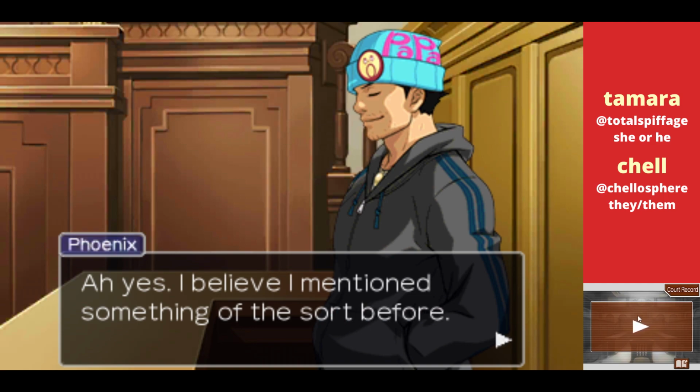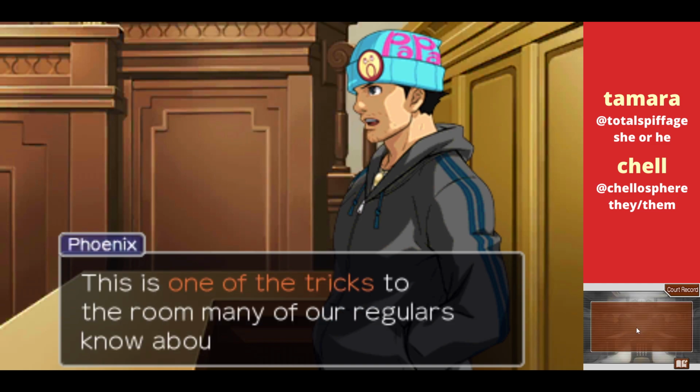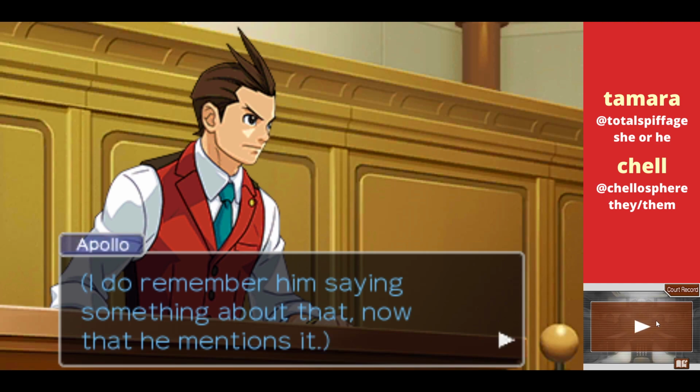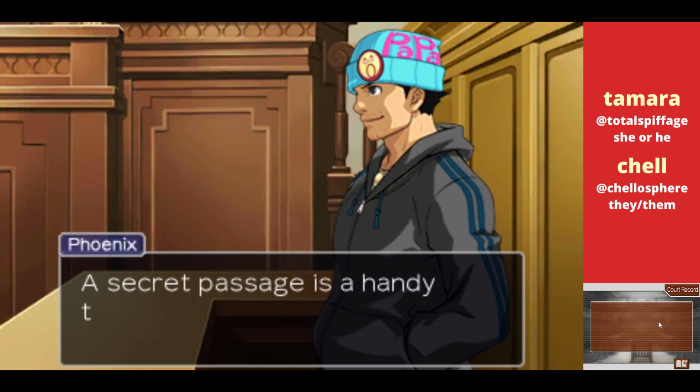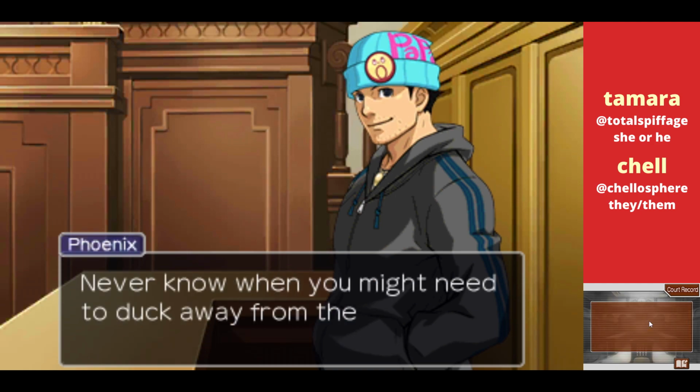Yes, I believe I mentioned something of the sort before. This is one of the tricks to the room that many of our regulars know about. I do remember him saying something about that, now that he mentions it. A secret passage is a handy thing to have when you're engaged in illegal goings-on. Never know when you might need to duck away from the eyes of the law.